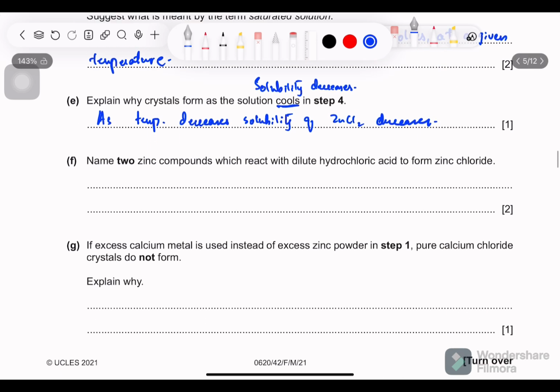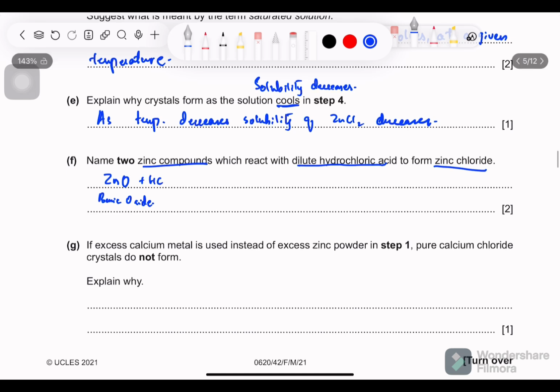Name two zinc compounds which react with dilute HCl to form zinc chloride. Okay, so we need zinc compounds. So zinc oxide, which is a basic oxide, should react with an acid.